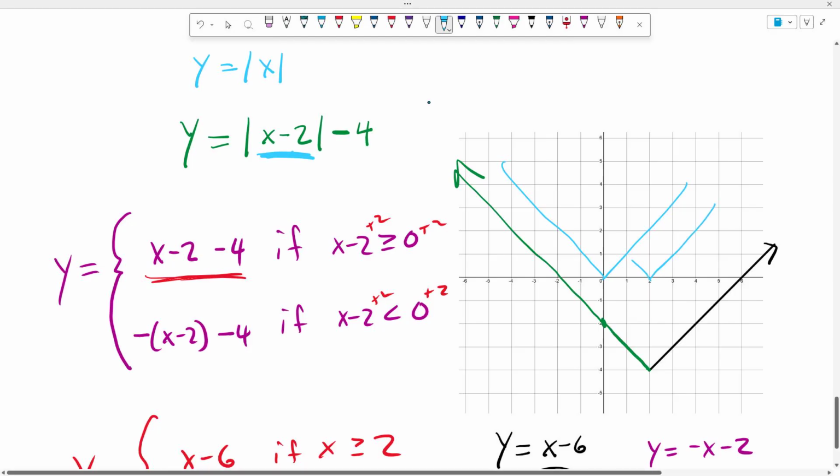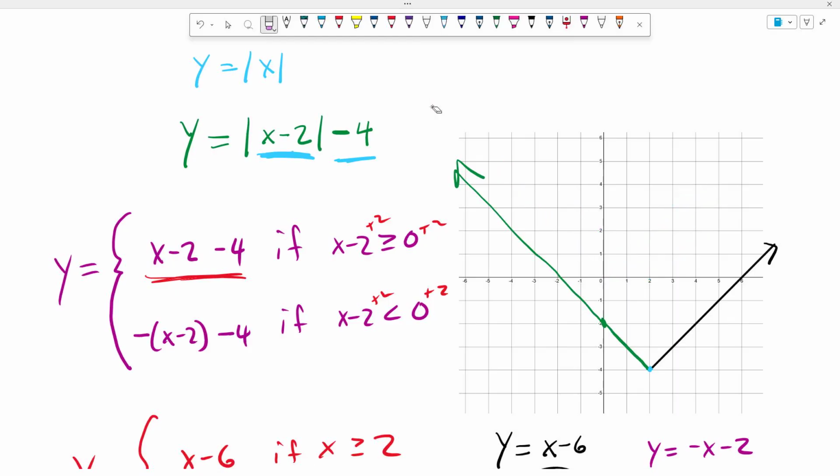Like this. And then what did -4 on the outside of the function do? Moved it down 4. Okay. So the new vertex is at 2 comma -4.